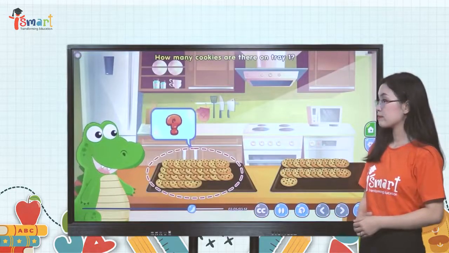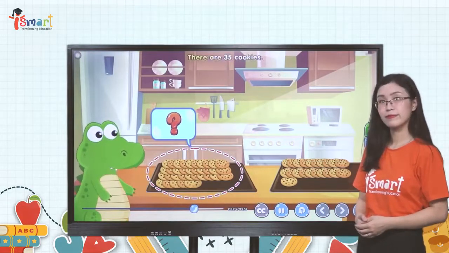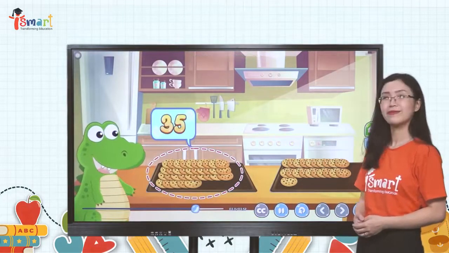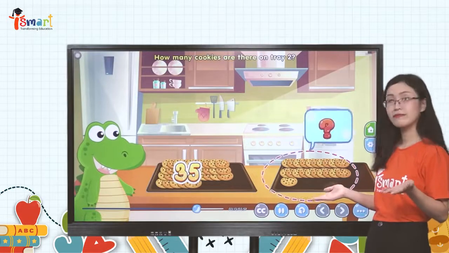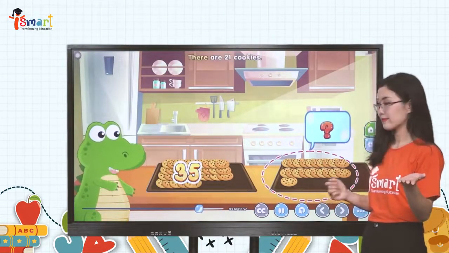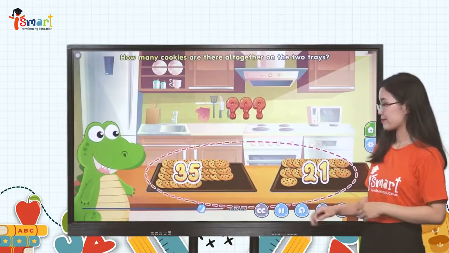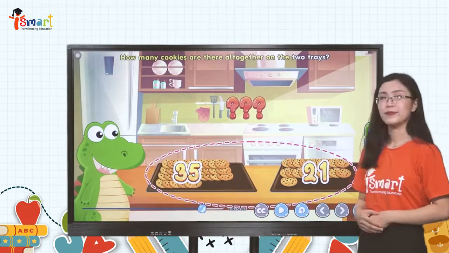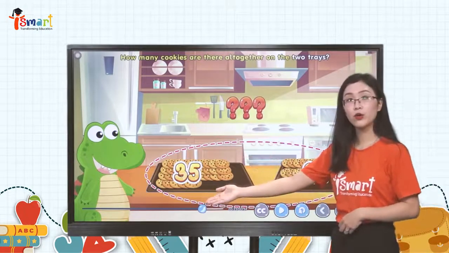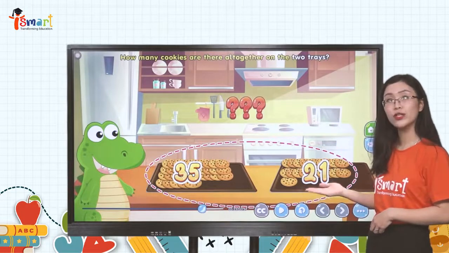How many cookies are there on tray 1? There are 35 cookies. How many cookies are there on tray 2? There are 21 cookies. So I have 35 cookies on tray 1 and 21 cookies on tray 2.